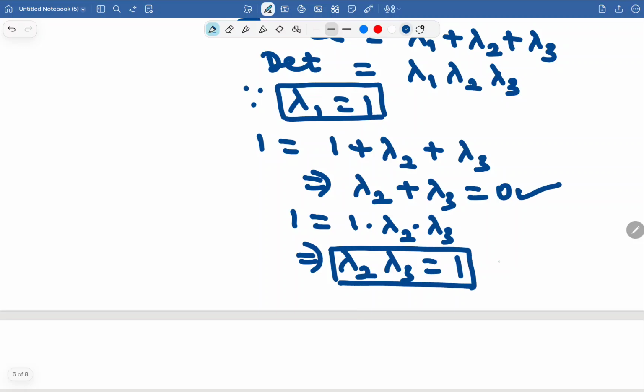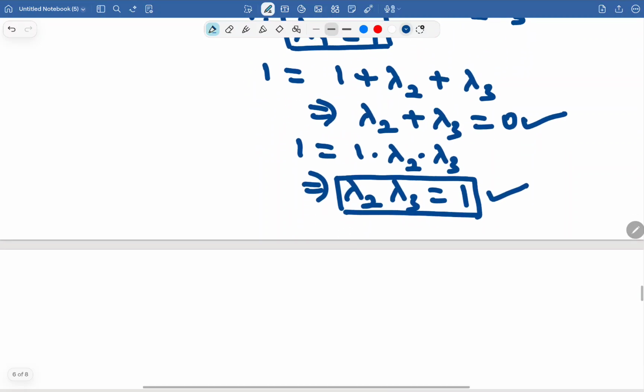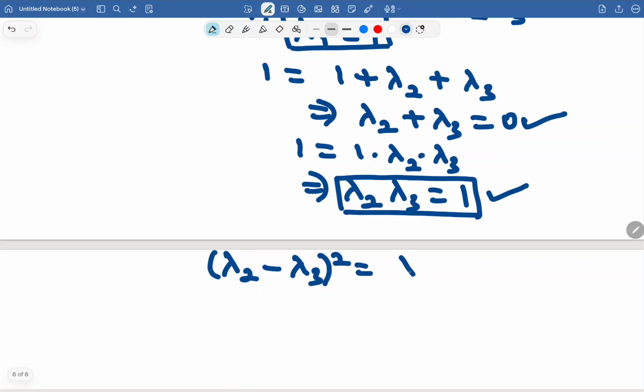Lambda 2 plus lambda 3 is 0. Lambda 2 into lambda 3 equals 1. What is lambda 2 minus lambda 3 the whole square? It is lambda 2 plus lambda 3 whole square minus 4 times lambda 2 lambda 3, which is 0 minus 4 into 1, equal to minus 4. So lambda 2 minus lambda 3 equals plus or minus 2i.